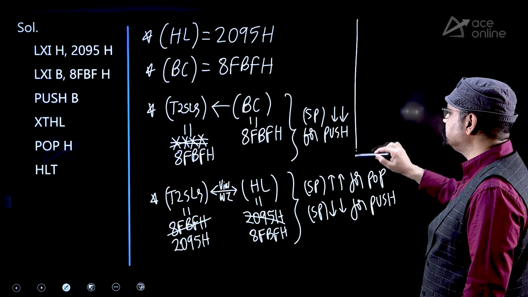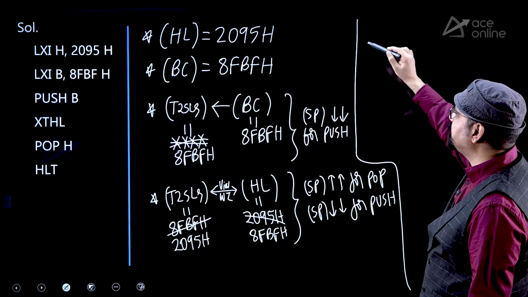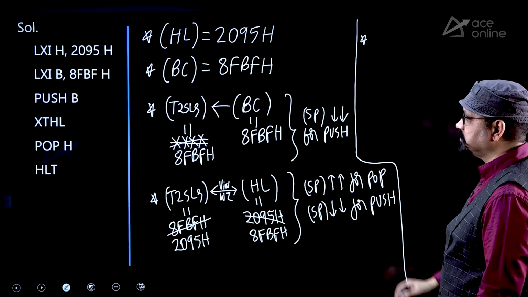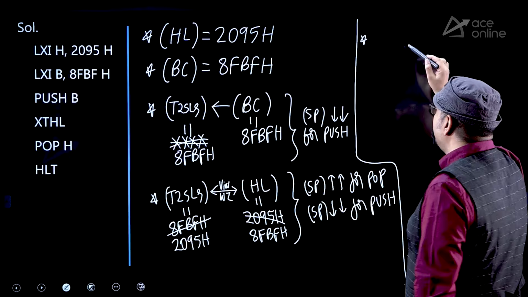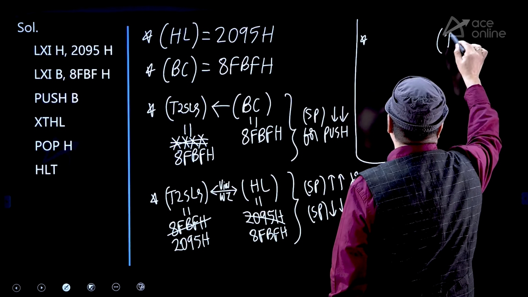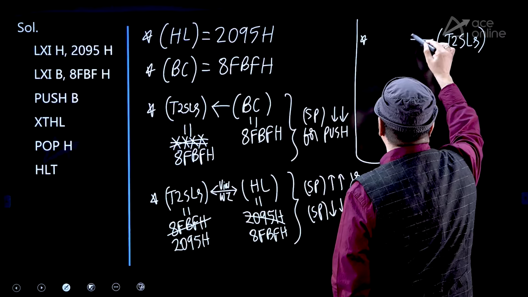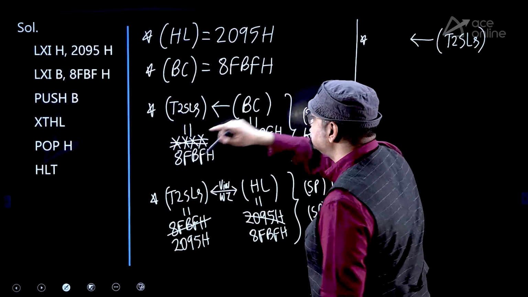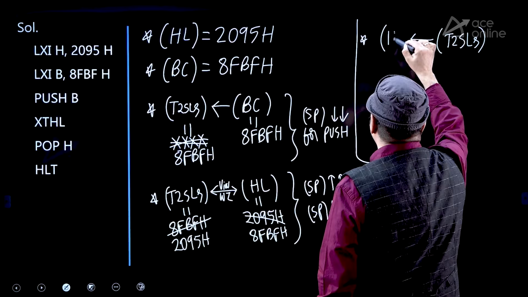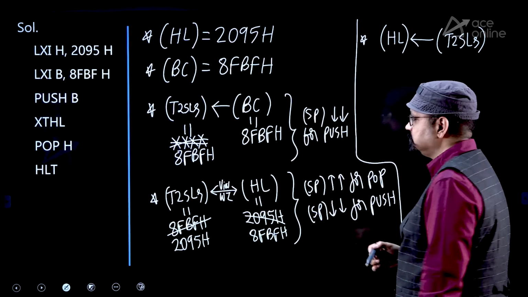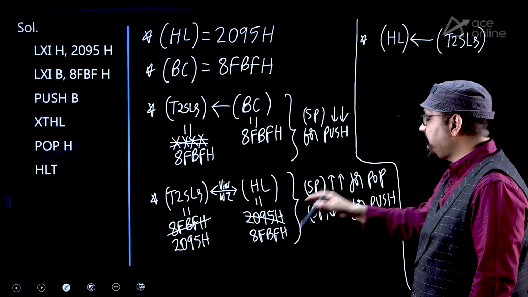Then POP H, let me write here itself instead of going into the next page. POP H. POP H means what? Whatever is there in the top 2 stack locations, you retrieve into the specified register pair. Which register pair? HL. What is there in HL pair? 8FBF.